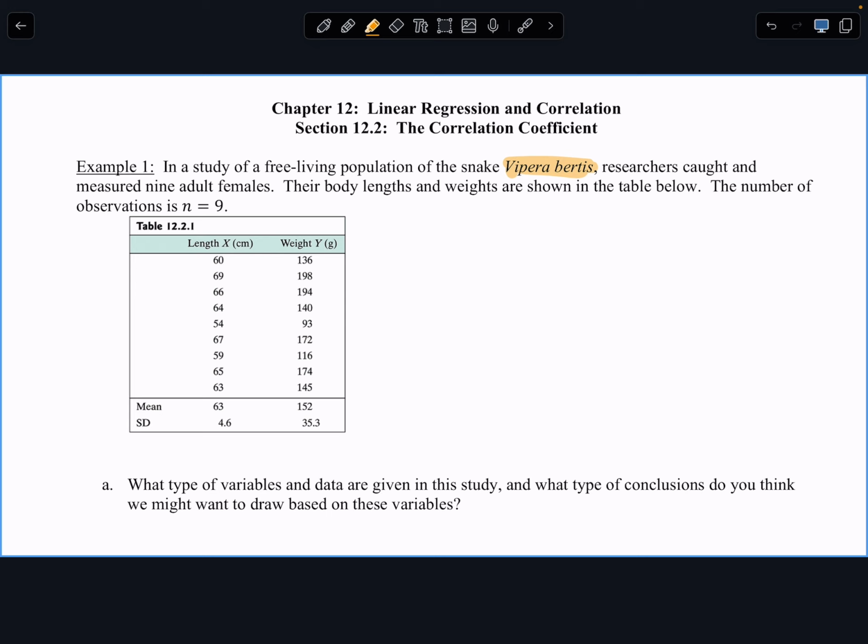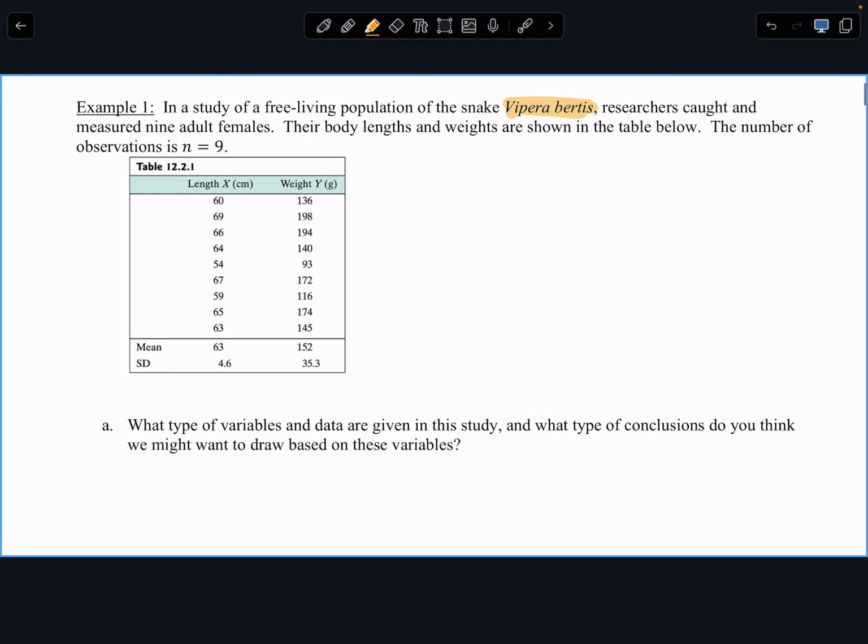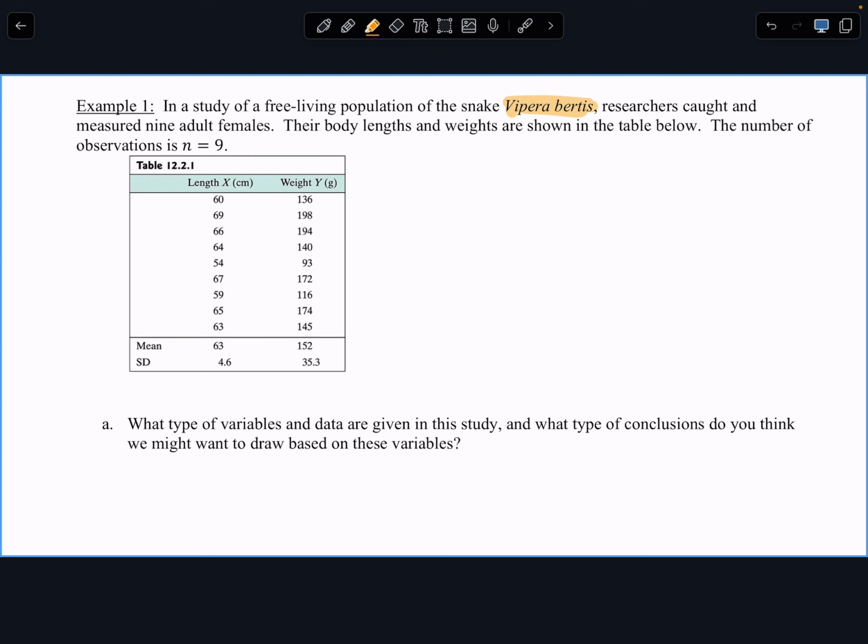They specifically measured the body lengths and weights as shown in the table here. Notice we have length in that first column given by X, and then we have the weight of those snakes given in the second column. The weight is in grams. The length is in centimeters. And then we have the mean and the standard deviations, right?